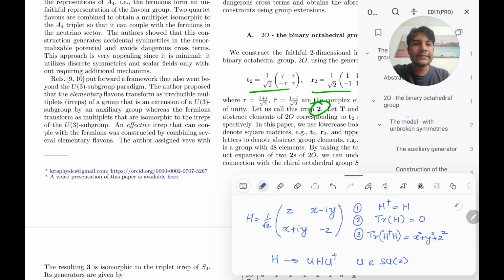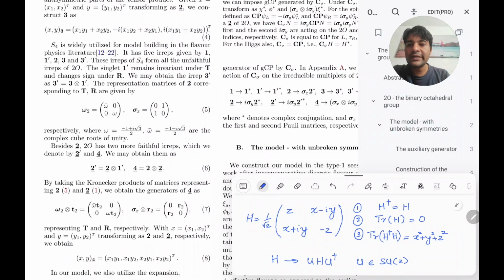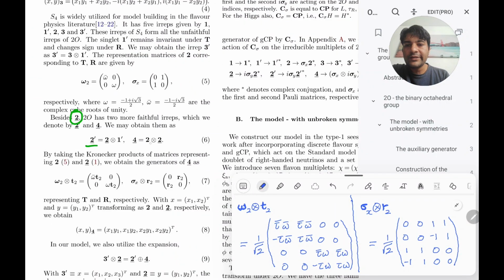As we saw in the character table, 2O has two more faithful irreps given by underscore 2 prime and underscore 4. They are constructed in this way. Underscore 2 prime is constructed by taking the product of underscore 2 and 1 prime, and underscore 4 is constructed by taking the tensor product of underscore 2 and underscore 2.